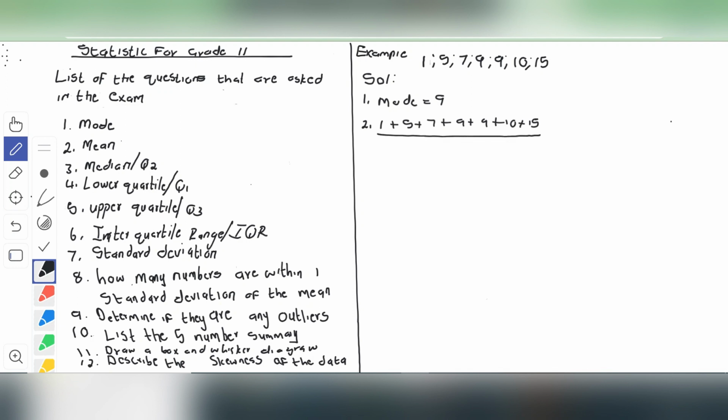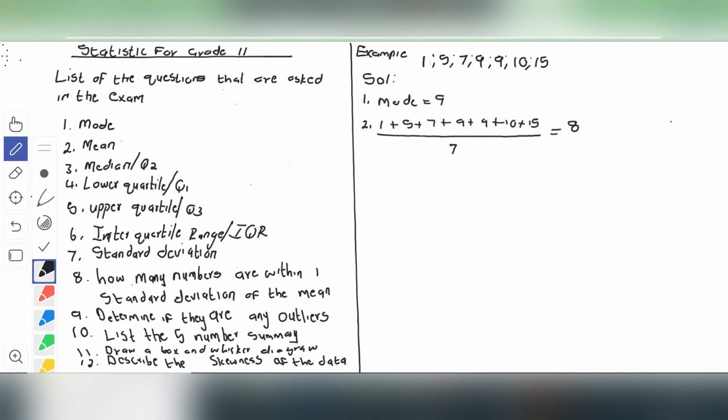By the total number of the data set. How many numbers do we have? It's 1, 2, 3, 4, 5, 6, 7, meaning we have 7 numbers. Therefore, we calculate our answer, and we find that our answer is 8.